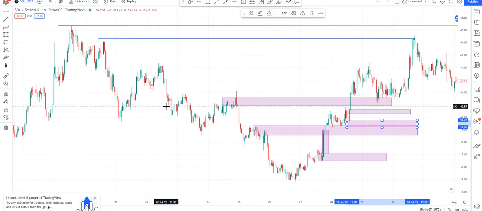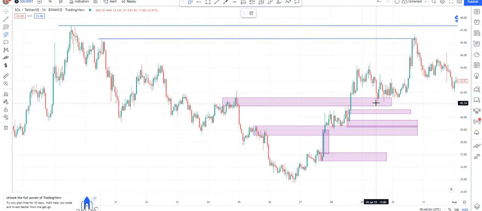I've not gotten to that level of confidence of just buying a reclaim block once price touches it. What I usually do is wait for a small break of structure, what they call MBOS, something like this. Once price touches the reclaim block and breaks this small area of market structure, I can now buy on the new wave going up because I know that this reclaim block has reacted.